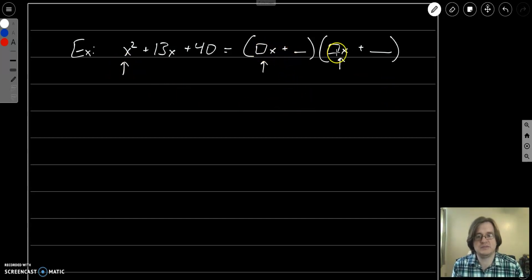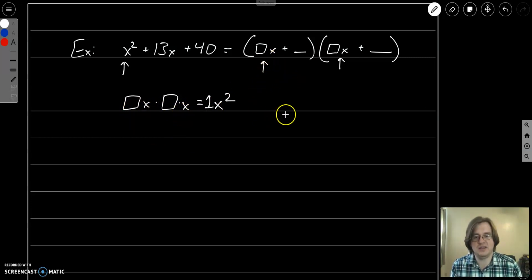So I need something times x times something times x to give me just x squared. Well, x squared is just 1 times x squared, so the only way to multiply two numbers to get 1 is if they're both 1.